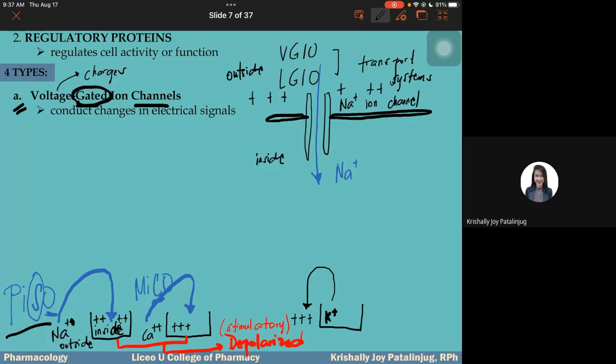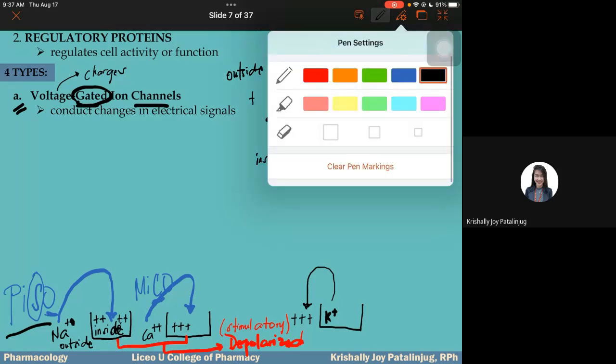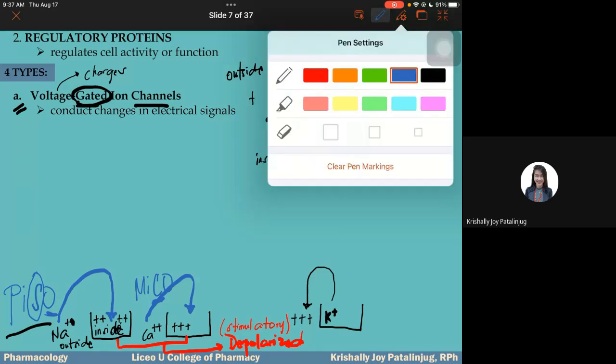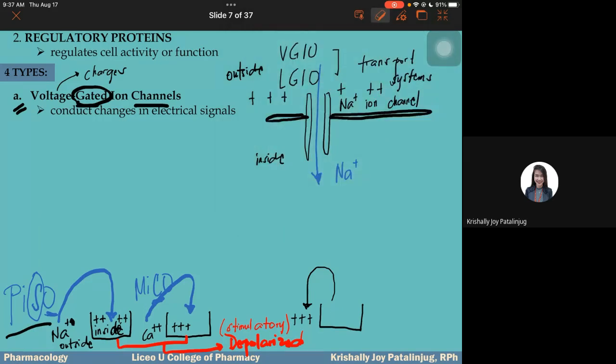Positive, negative. The positives came out. Yes, very good. It will make the inside of the cell positively charged. Okay? So this is the potassium ion channel.